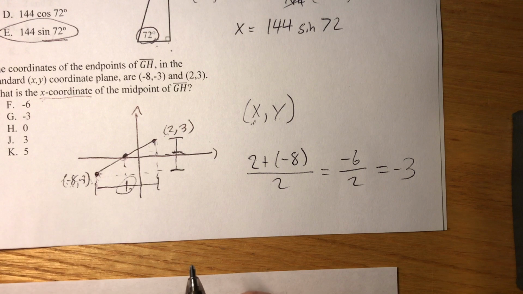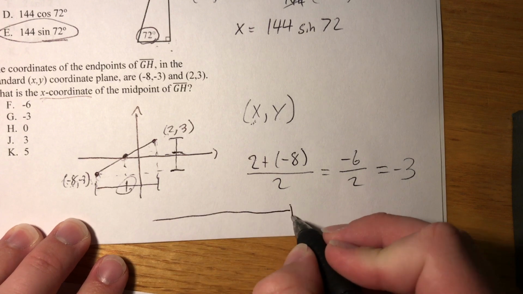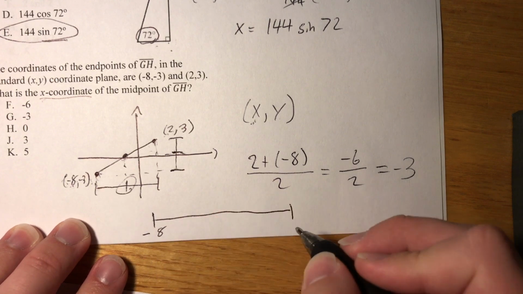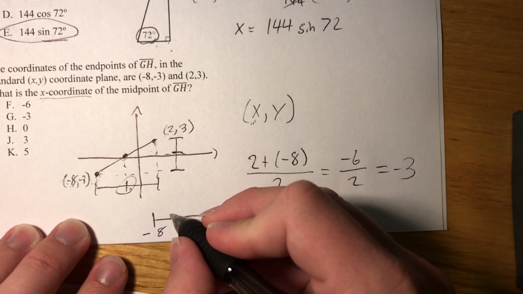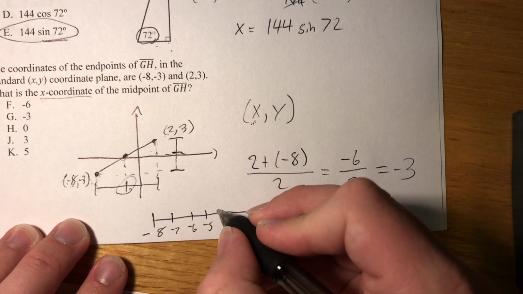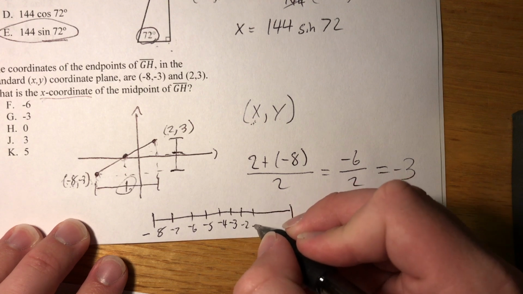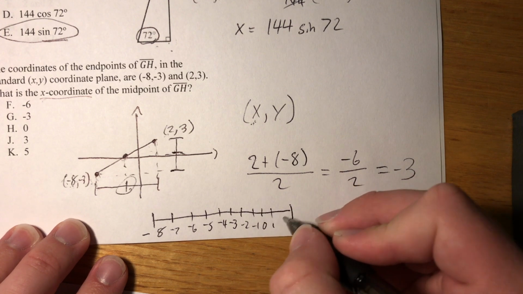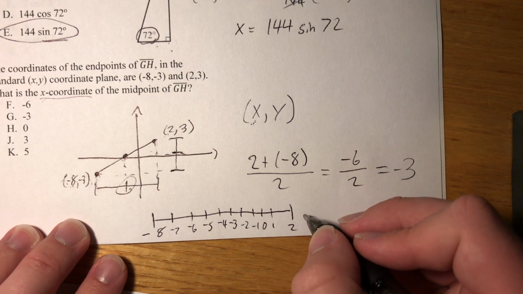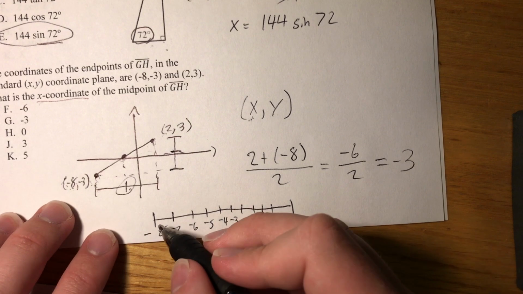And if you're having trouble remembering that the average is the midpoint, just draw your line here. You're going from -8 to 2: -8, -7, -6, -5, -4, -3, -2, -1, 0, 1, oh, 2. There's a little bit of a big jump there at the end, but that's fine.